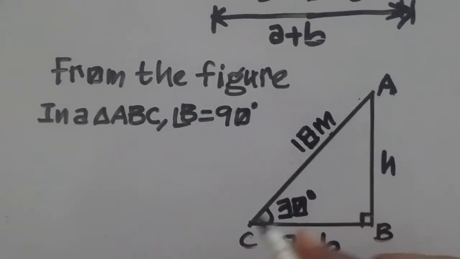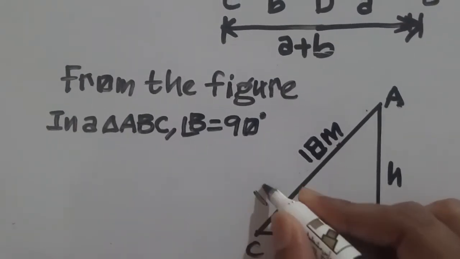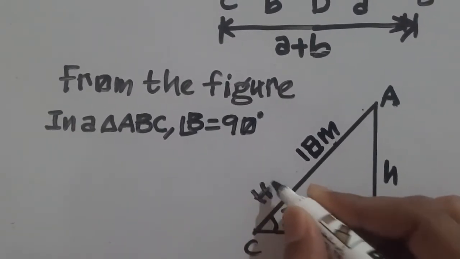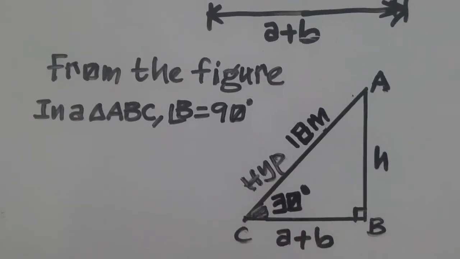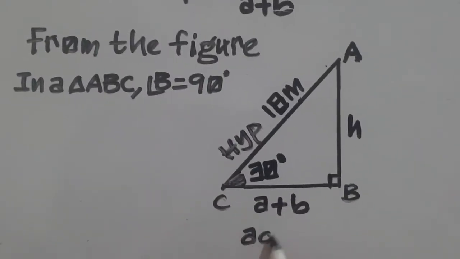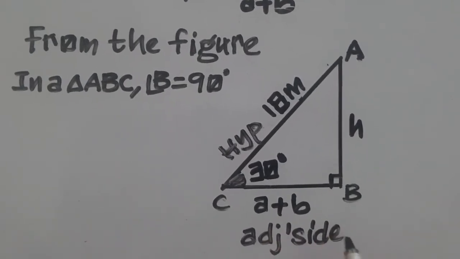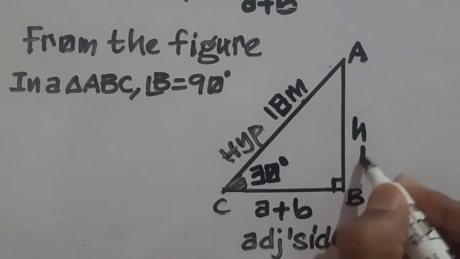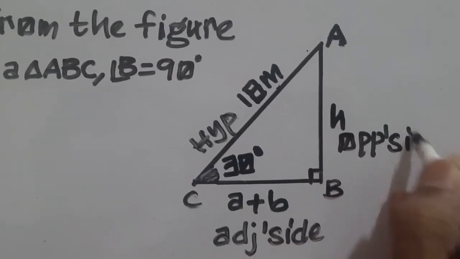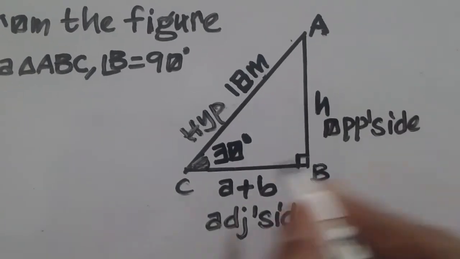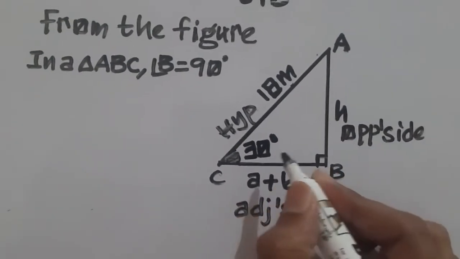Here the length of the longest side is called the hypotenuse. AC is called the hypotenuse, whereas the side next to the angle is called the adjacent side, and the side opposite the angle is called the opposite side. Now we will take sin theta.